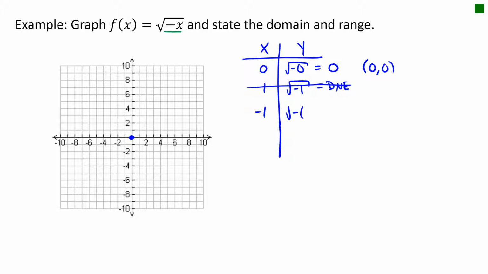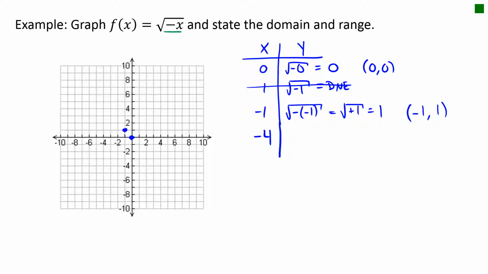Then I have the square root of negative 1, which is the square root of positive 1. So for the x value of negative 1, y is equal to 1. So now I'm going over to an x value of negative 1 and up to a positive y value of 1. And now I'm going to follow that similar pattern. What's the next convenient value of x I could choose?